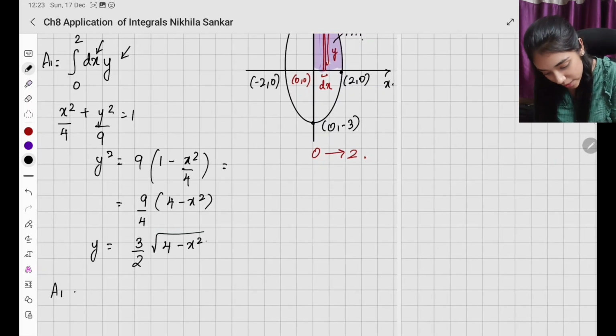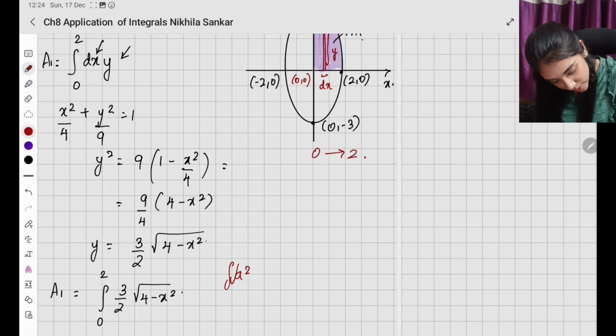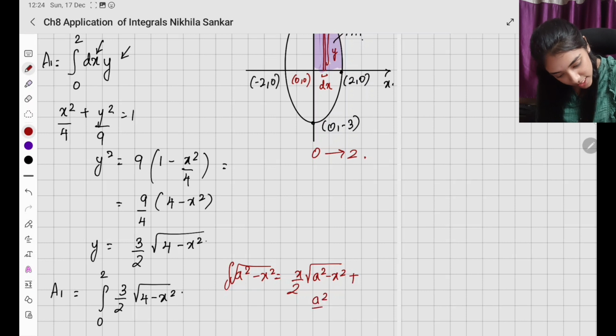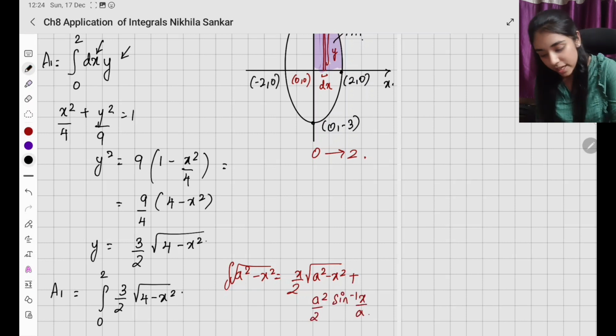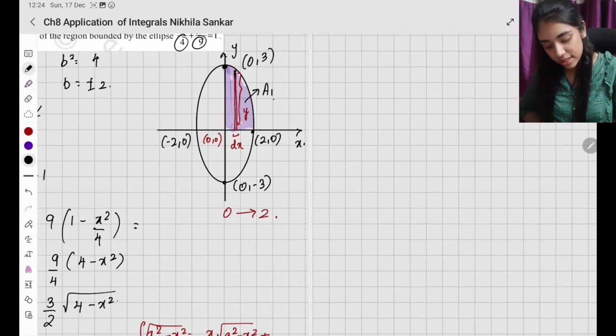So I have A1 equals integral from 0 to 2 of 3 by 2 square root of 4 minus x square. I'm again going to use the formula for square root of a square minus x square. என்ன formula? x by 2 square root of a square minus x square plus a square divided by 2 sine inverse of x divided by a. So when I substitute this, I have my a square value to be 4. So 3 by 2 is a constant that comes out of the integral.